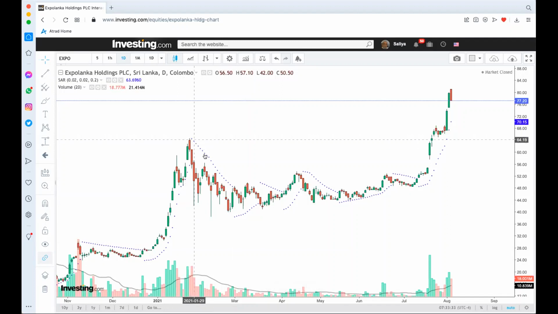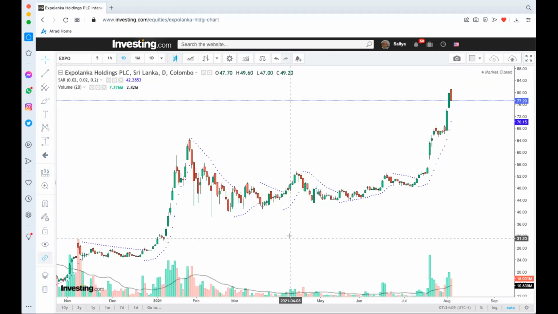So when you're using the parabolic SAR, you have to look at the breakouts. One of the conditions in breakouts is the volume. The volumes have to increase. If the volumes are not increasing, it is still within a sideways movement. It can be a consolidation. So those are important factors to remember when we are using the parabolic stop and reverse indicator in order to make decisions of buying and selling.